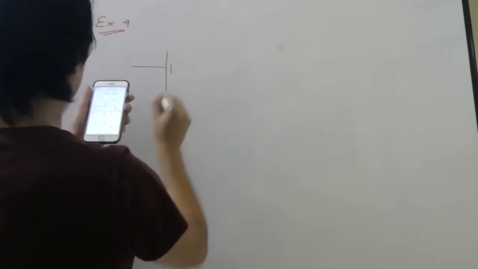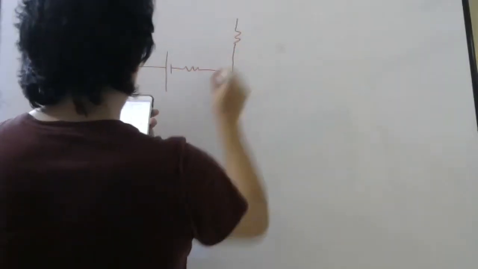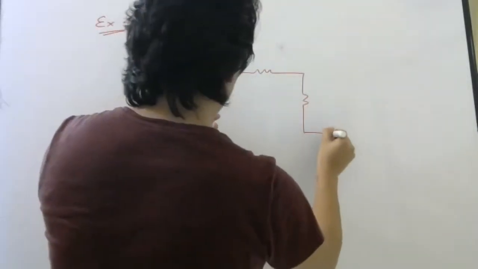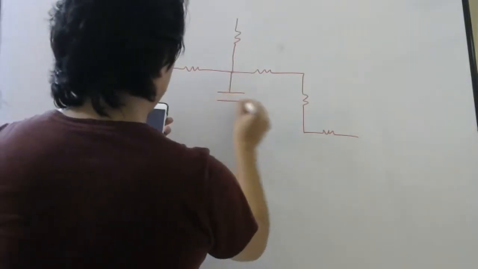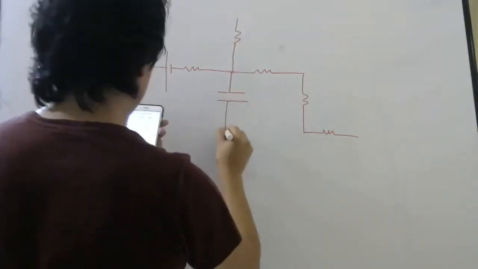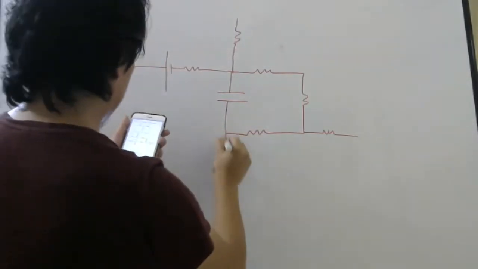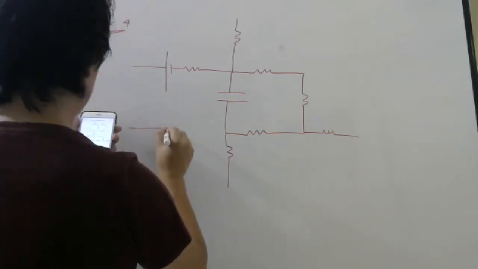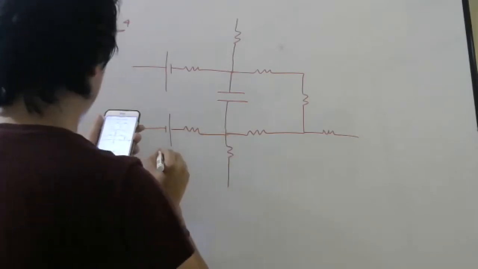So here is a battery, resistor, resistor, resistor, resistor, resistor, capacitor, resistor, resistor, battery, resistor.